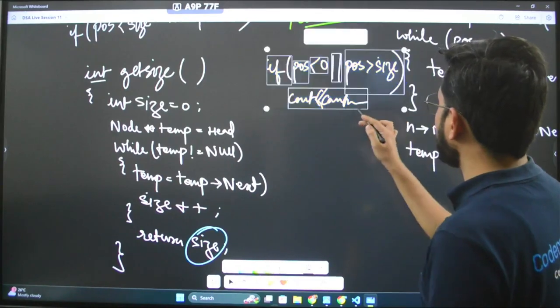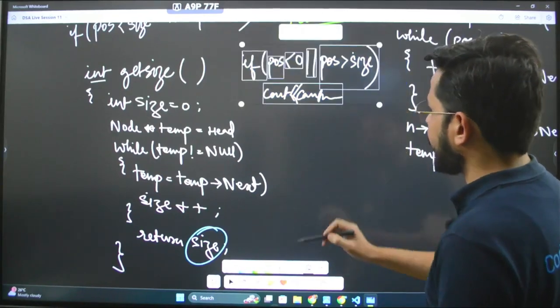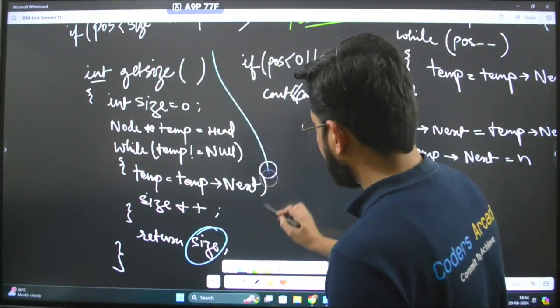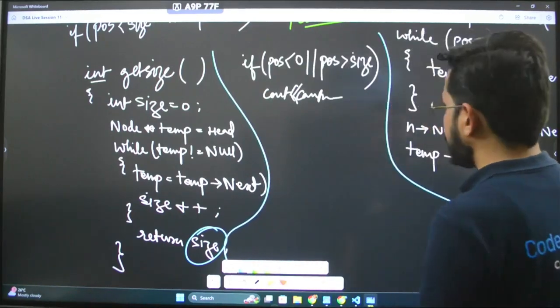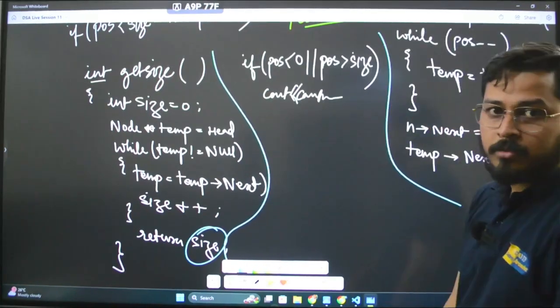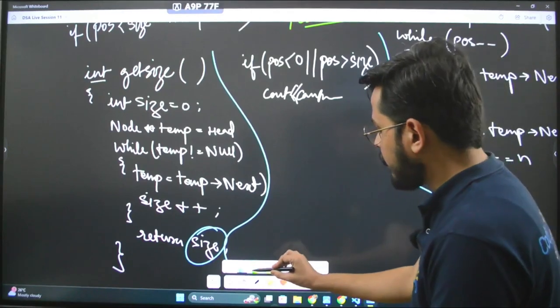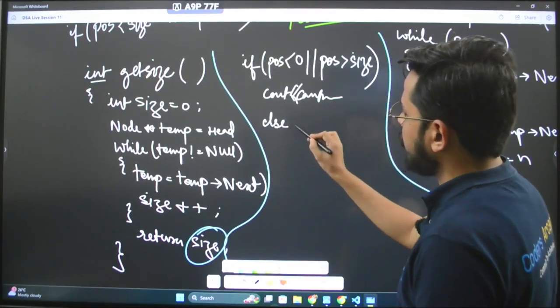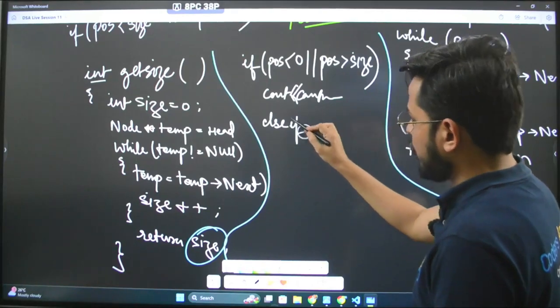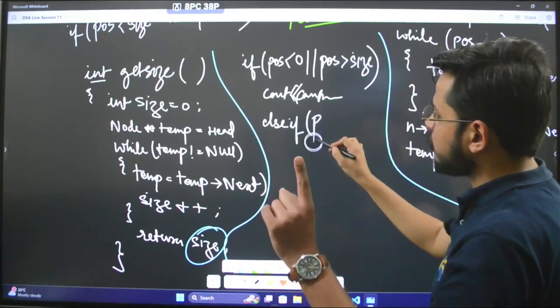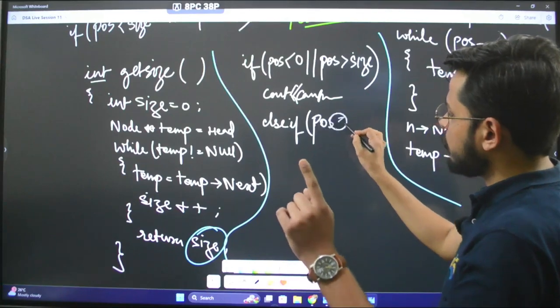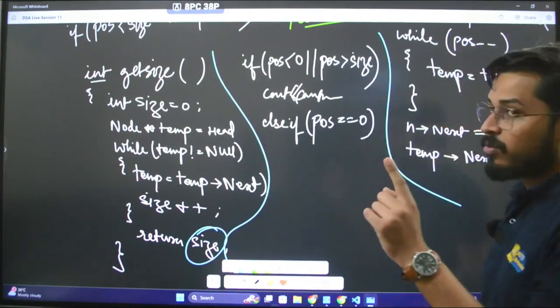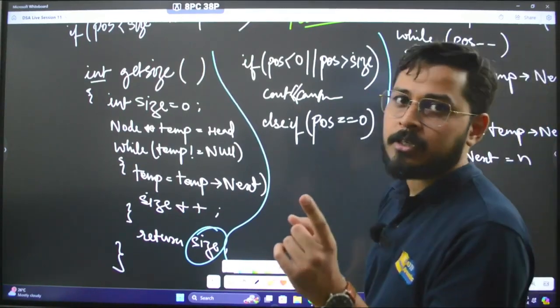I hope this is really clear, what I am writing. Okay? Understood? And else, if someone enters position equal to 0, one more condition is there. This is the second edge case.